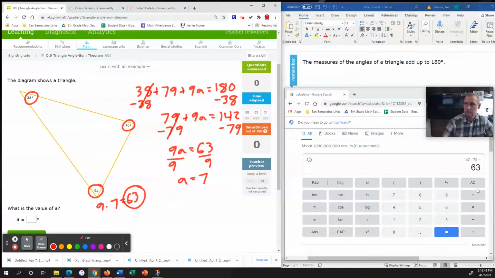So here we go. We got clear here. We got 38 plus 79 plus 63. We're going for 180. Perfect. So your missing angle here is 63. Now what I noticed here, because we have 9A, 9A is literally right here.